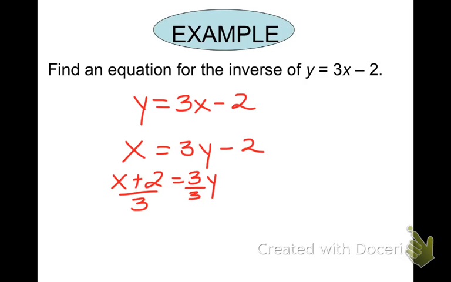What would it look like in slope-intercept form? What would be my slope? Well, what's the coefficient in front of the x? 1. So it really would be 1/3 x plus 2/3. So that would be the inverse of our original problem.